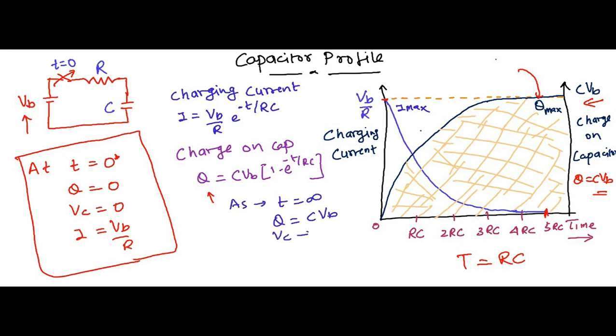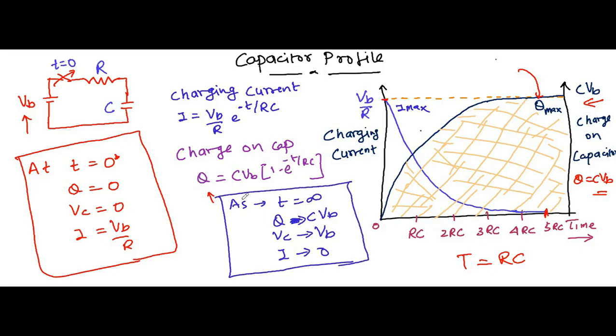VC is going to be VB, so I would write it here. And what is my current I? Current I is going to be 0. Q is going to be CVB. So this is the condition at time t equals infinity, and this is the condition at time t equals 0, which means as soon as you start the switch, at time t equals 0 plus.